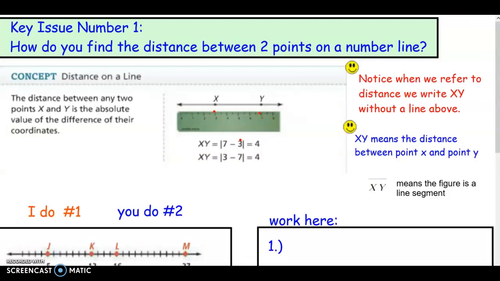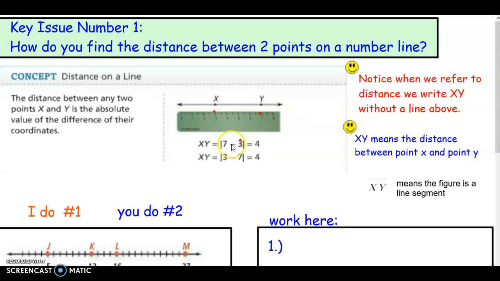Okay, so we're at key issue number 1. How do we find the distance between 2 points on a number line? The distance between any 2 points, x and y, is the absolute value of their difference. It doesn't matter if I do the biggest number minus the smallest number, because we're going to find the absolute value. If you look here, this point x is at 3, and this point y is at 7.